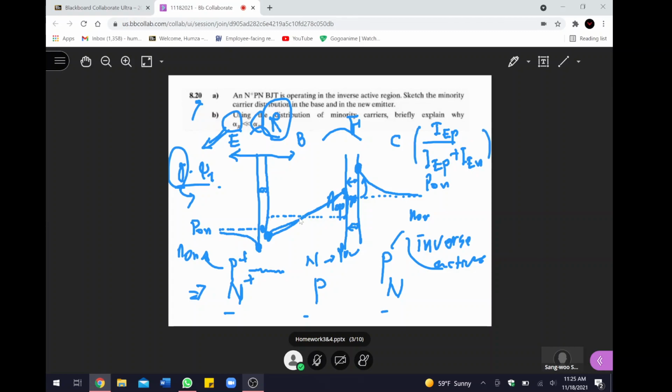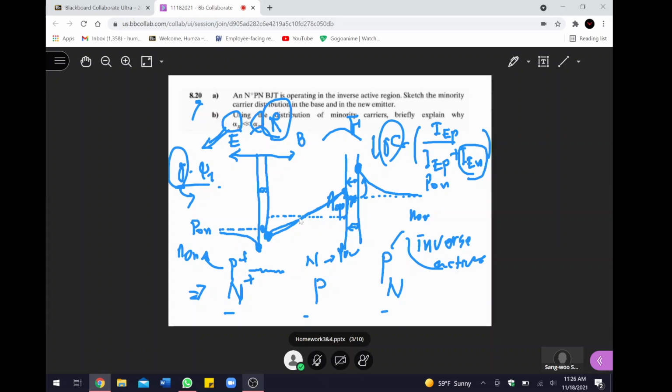So now, as you can see, as you have a smaller minority carrier current, this injection efficiency is going to be larger. As you increase the contribution from the minority carrier current, then this injection efficiency goes down.